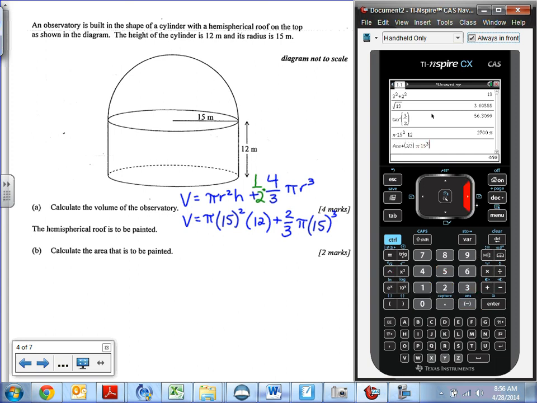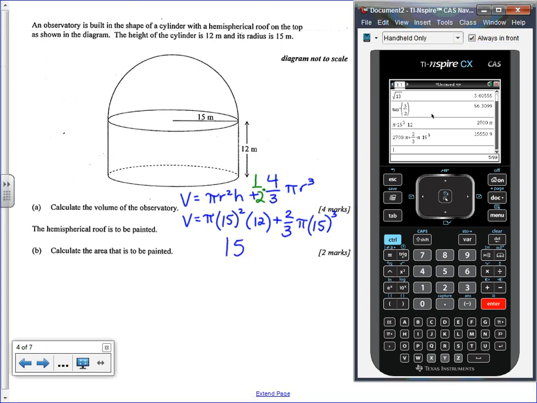And I'm going to hit Control-Enter so I can get this as a decimal to 3 figures. 15550.9. That's more than enough significant figures. Yes, you need to put the correct units on volume probably in order to get full credit for the question. It's cubed for volume, so meters to the 3rd power.